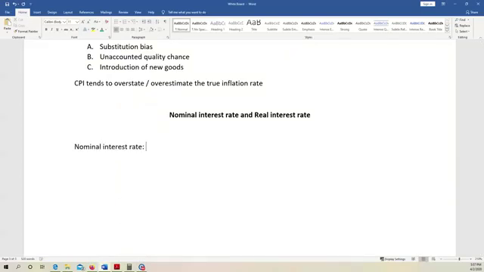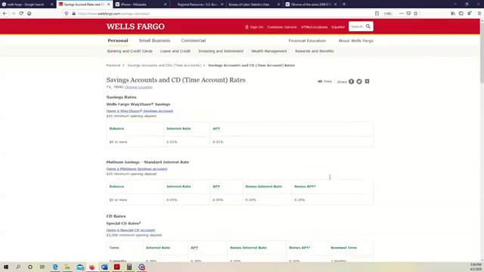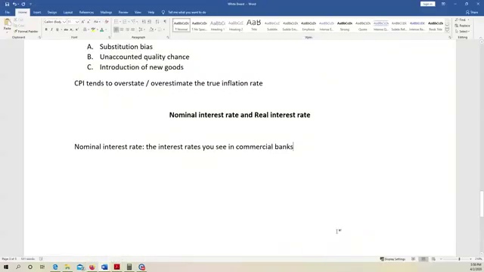What's nominal interest rate? The interest rate you see in commercial banks. What is a commercial bank? So for example, Wells Fargo is a commercial bank. This interest rate, 0.01%, so that is a nominal interest rate for a basic savings account at the Wells Fargo. What's real interest rate?